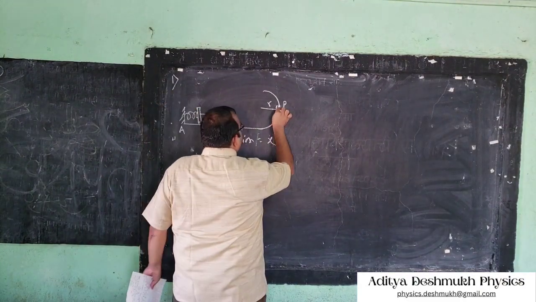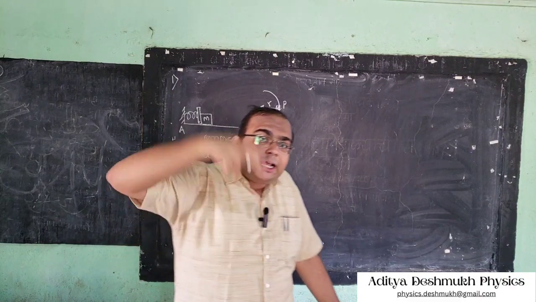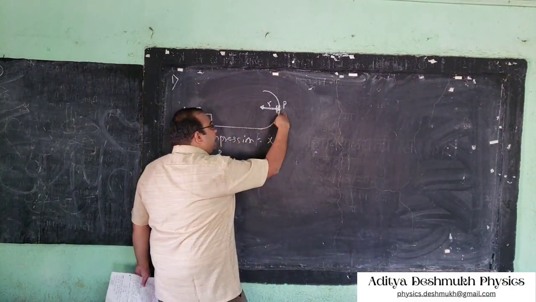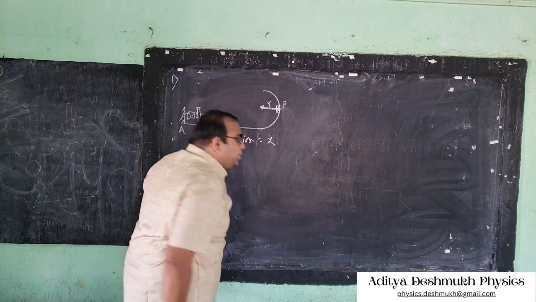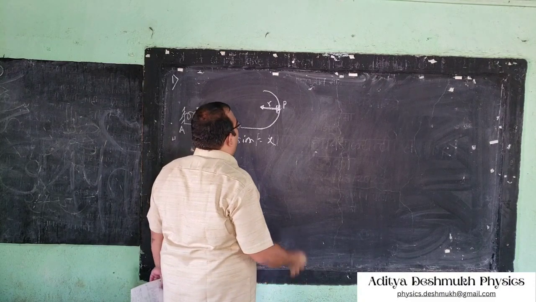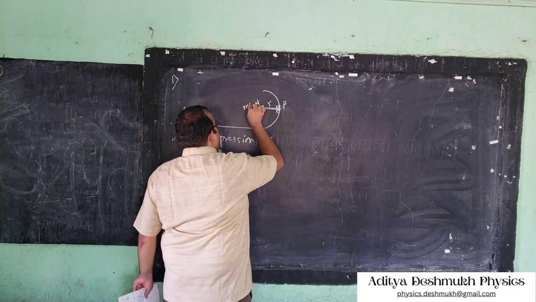If I had to calculate the normal reaction, it will be equal and opposite, because if the block pushes the track with force of magnitude mg, the track will push my block with the same force in the opposite direction, which will be mg.